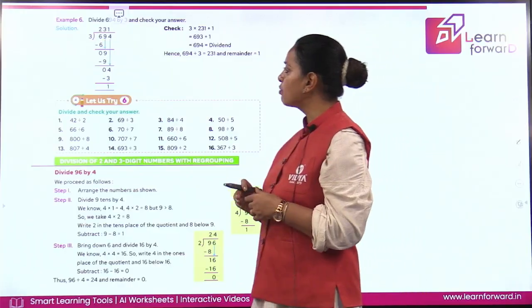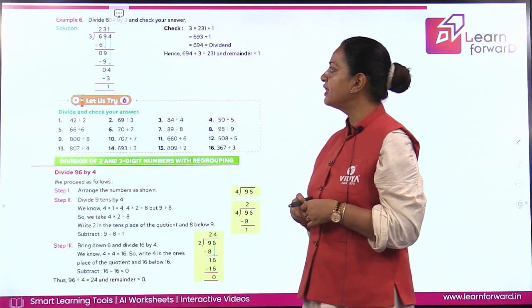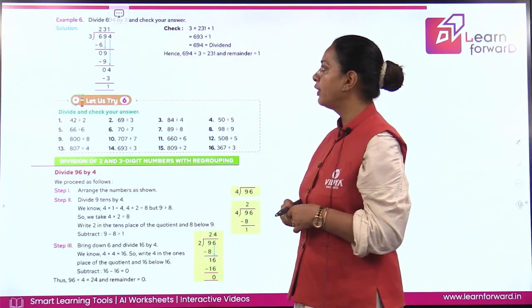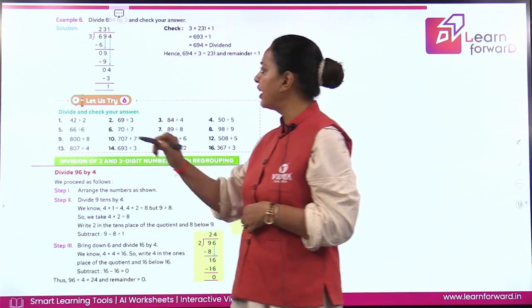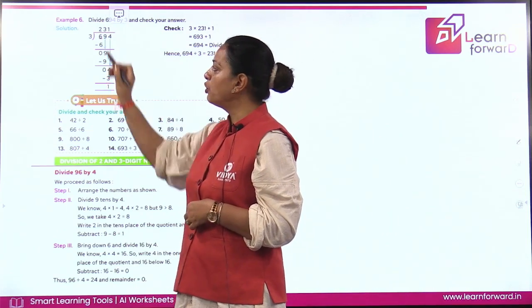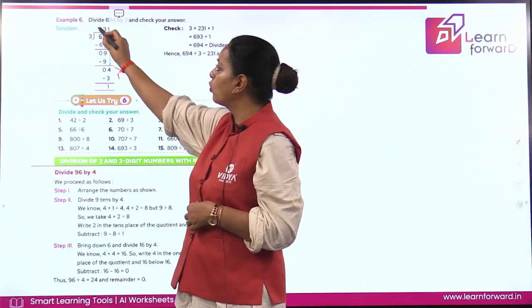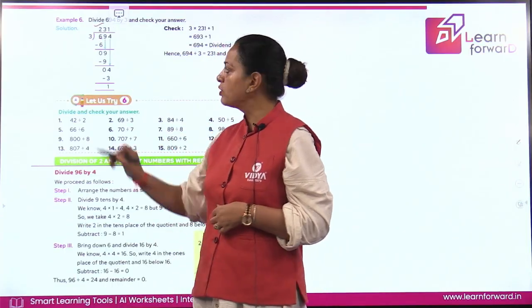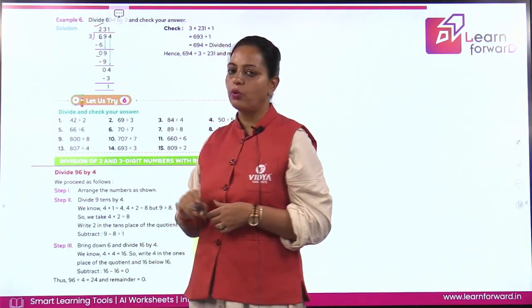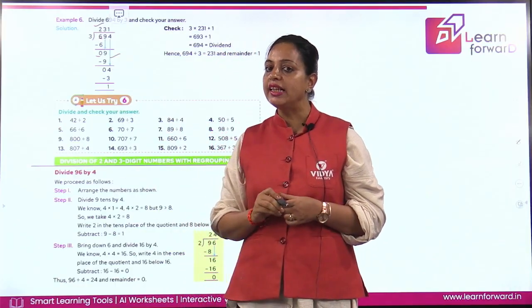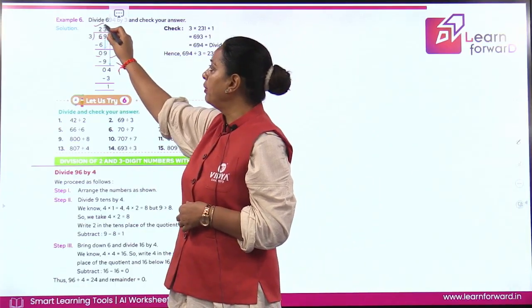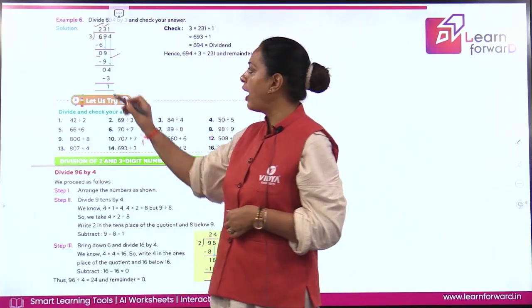Like see the next one, example 6, divide 694 by 3 and check your answer. See, take the first digit, the hundreds digit 6, 3 2s are 6, we will write 2 in the quotient. Now 6 minus 6, 0. Take the next digit, that is 9, 3 3s are 9, we write 3 in the quotient and 9 below 9.